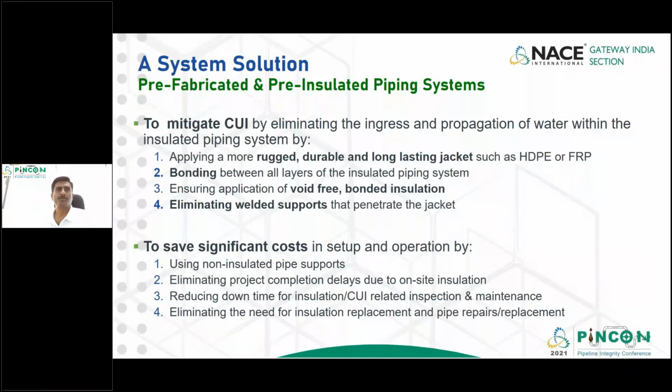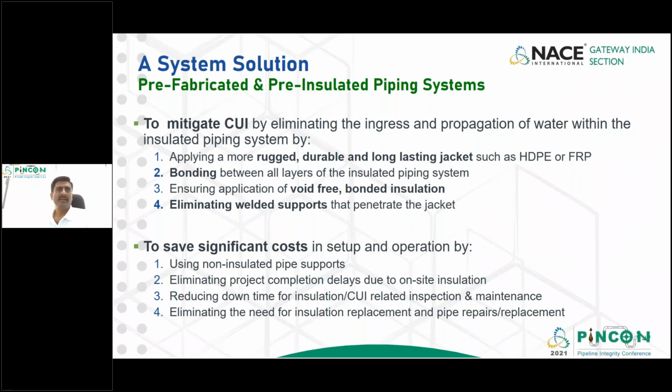A system approach to mitigate corrosion and insulation by eliminating the ingress and propagation of water within the insulated piping system by applying a more rugged, durable, and long-lasting jacket such as HDPE or the FRP. Bonding between all layers of the insulated piping system, ensuring application of void-free bonded insulation, eliminating welded supports that penetrate the jacket.